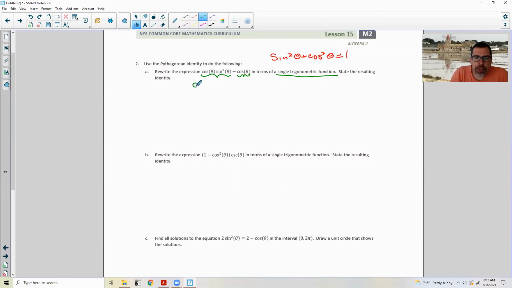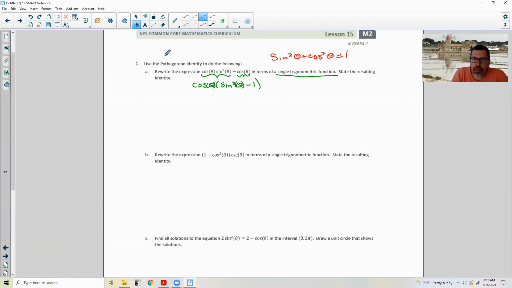So that will give me the cosine of theta times sine squared theta minus 1. So if I distribute this, I'd get this minus cosine theta times 1. So there it is, cosine theta times sine squared theta minus 1.